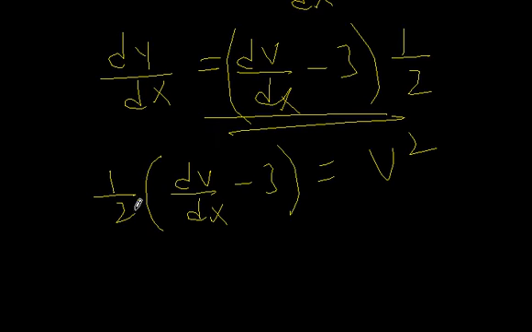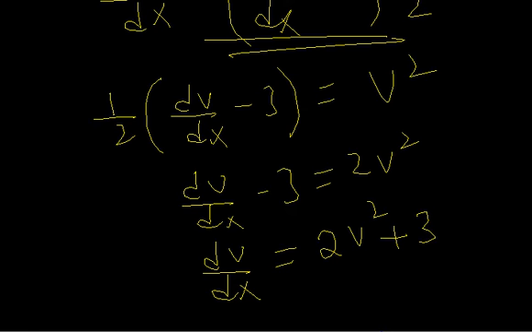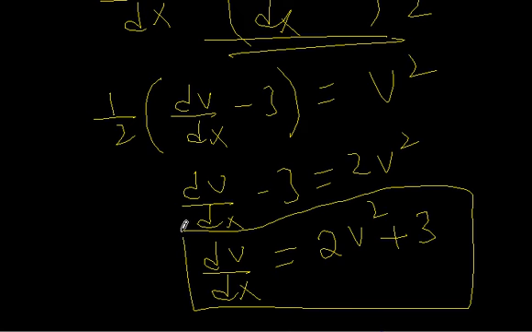Now take this 2 to the right side. So we have dv over dx minus 3 is equal to 2v square. Then this positive 3 to the right side. dv over dx is equal to 2v square plus 3. This is a variable separable differential equation.